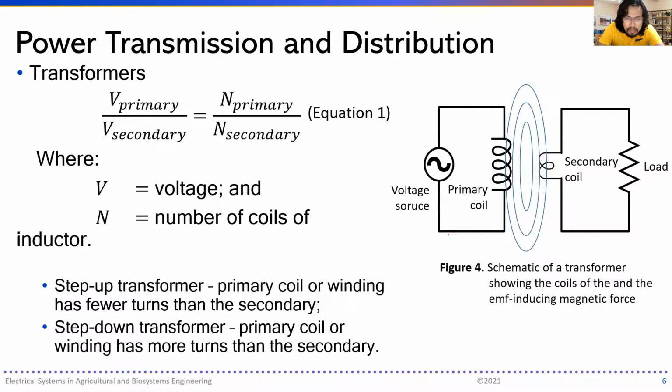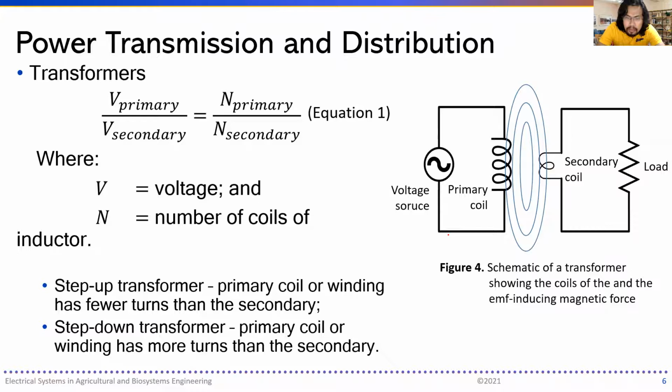So we see here an AC voltage source, and that is connected to a primary winding, and that primary winding produces a magnetic force, and this magnetic force is received by a secondary coil that is then connected to the load, and that is making use of the induced voltage.